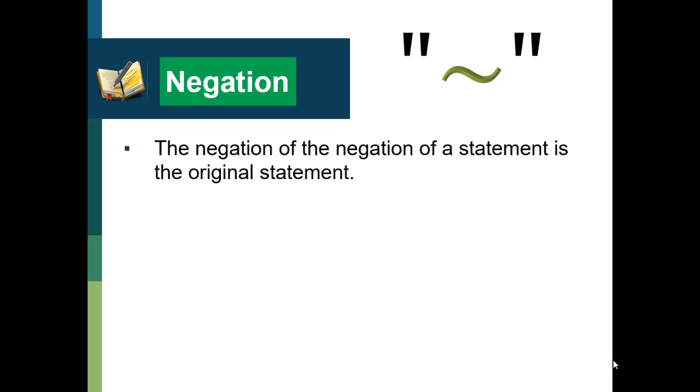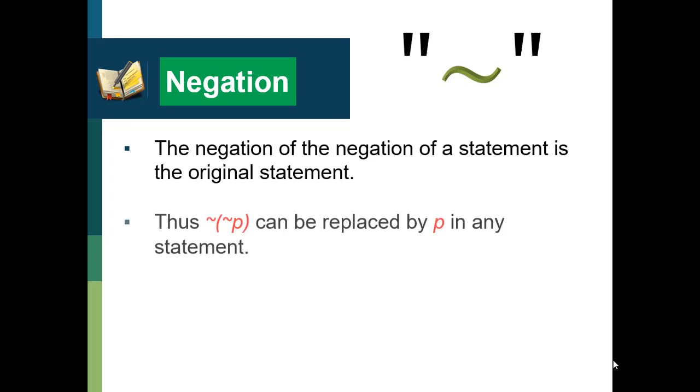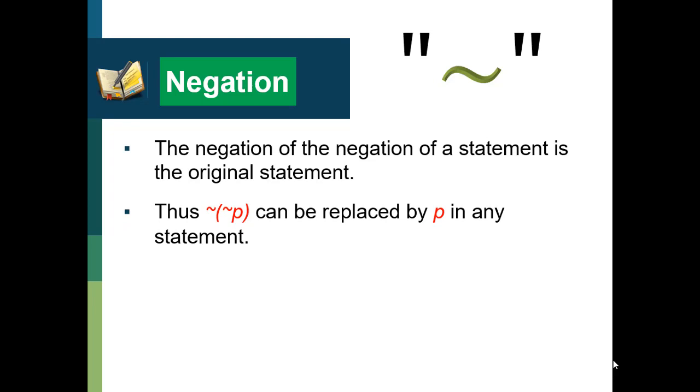The negation of the negation of a given statement is the original statement. That means if you have a statement, then you negate it, and if you negate it again, that will return to the original statement. Thus, the negation of not P can be replaced by P, which is the original statement.